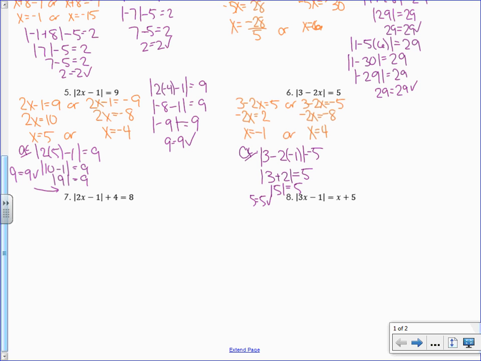Woohoo! Now we can check 4. So this is going to be the absolute value of 3 minus 8. So this is the absolute value of negative 5, which is just 5.